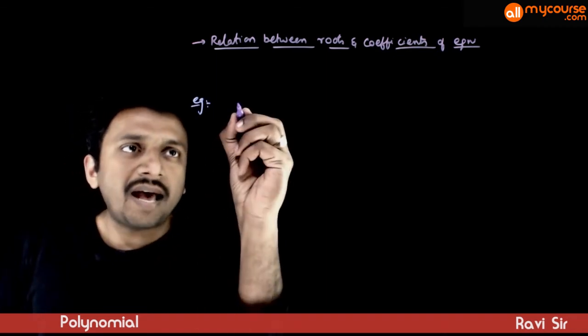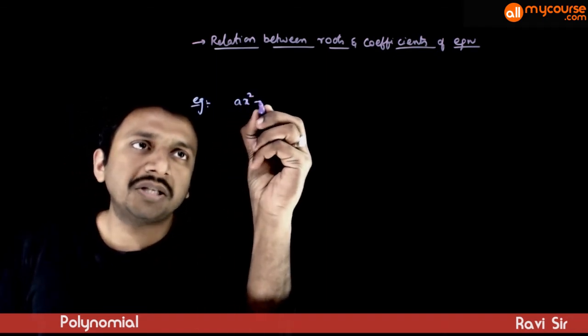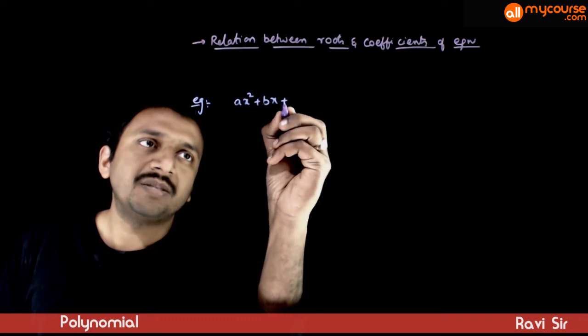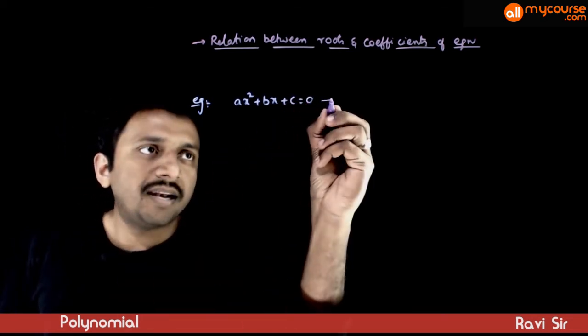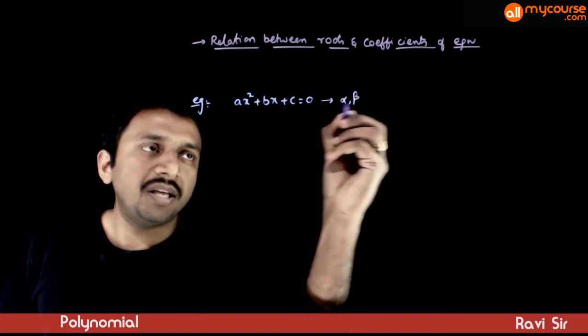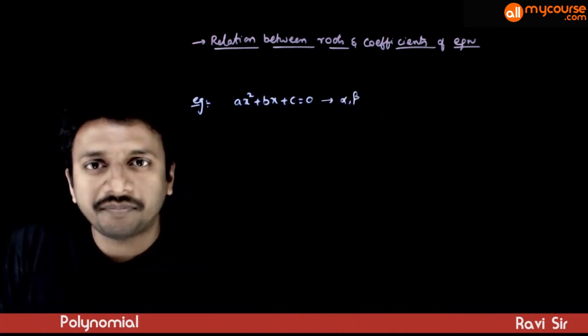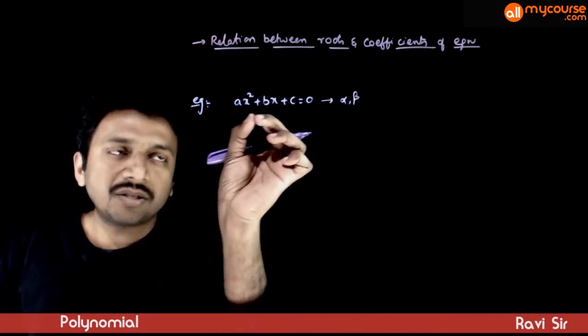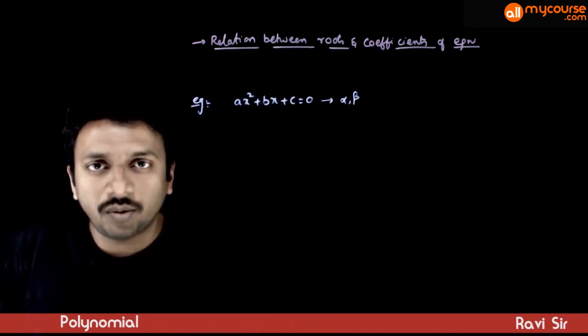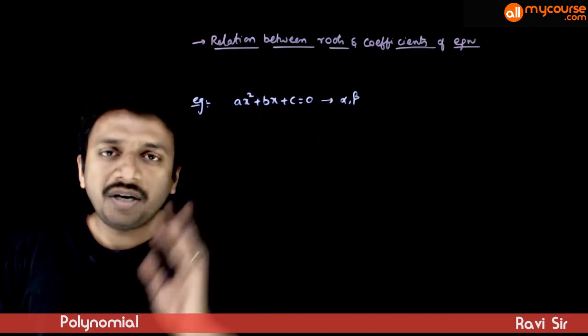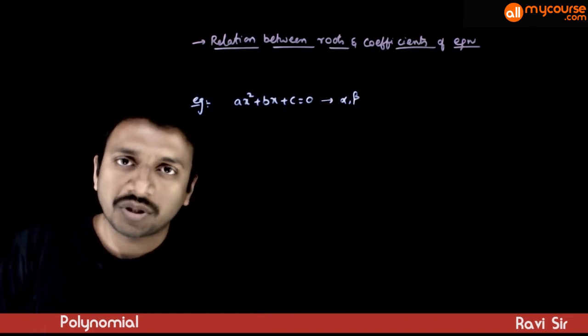Let us say that you have a quadratic equation ax square plus bx plus c is equal to 0. And let the roots of this equation be alpha and beta. So ax square plus bx plus c is equal to 0 is a quadratic equation, and let alpha and beta be the roots of this quadratic equation.